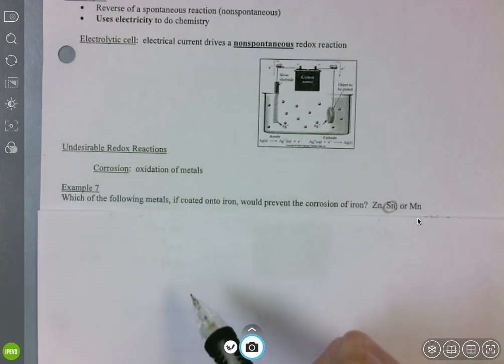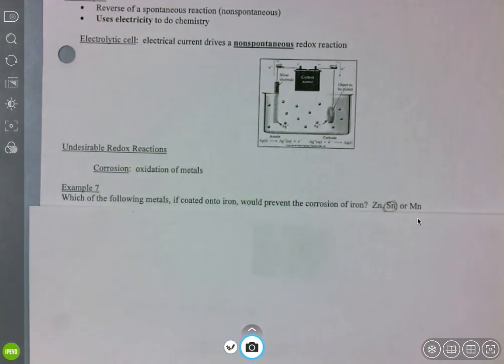So they start flaking away, that's typically what our rust is, and eating away at our metal until they're just so brittle and they really can snap easily. So a lot of our buildings, like our structures, are made out of metal. So we really don't want our buildings to rust and just get really brittle and collapse.